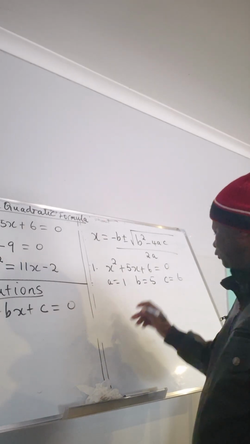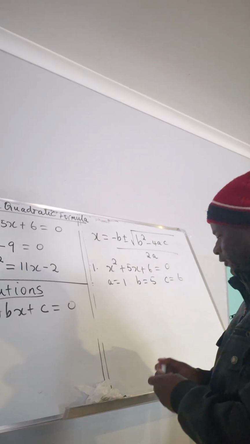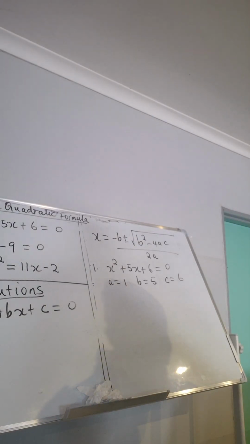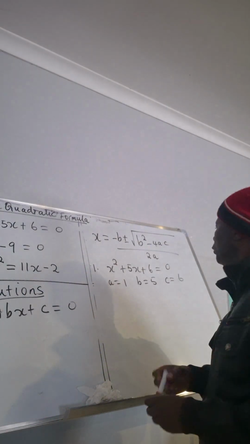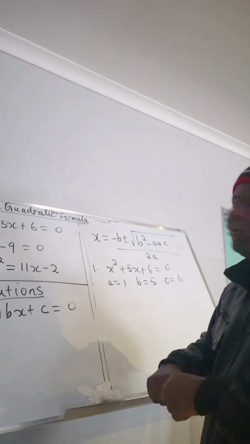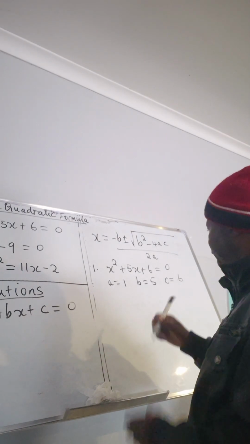Right. Now, your duty now is just to substitute in the formula. Where there's an a, you put 1. Where there's a b, you put 5. Where there's a c, you put 6.